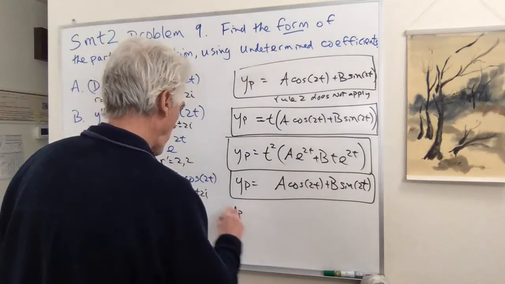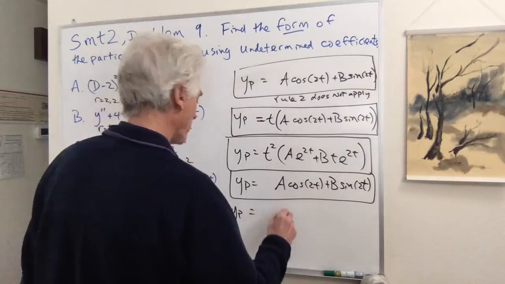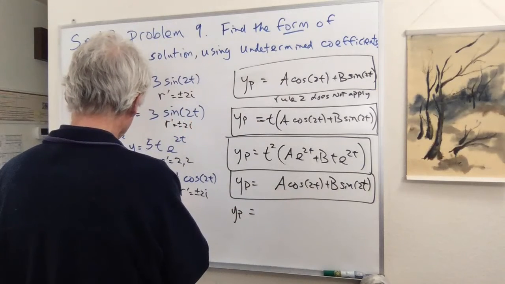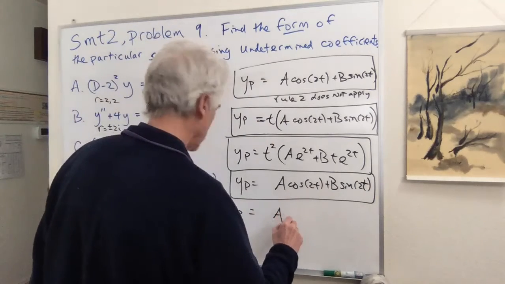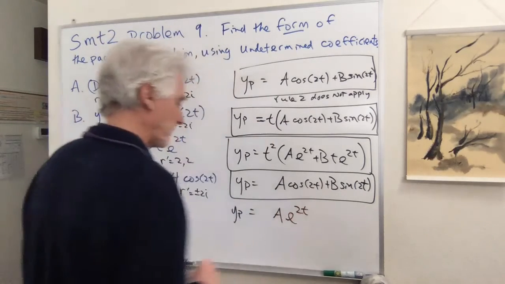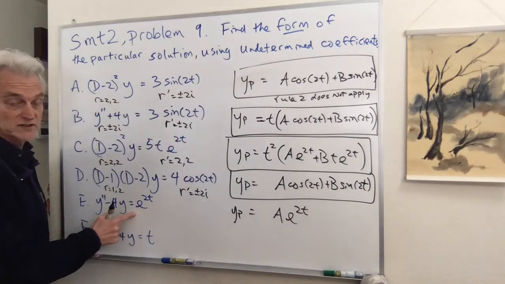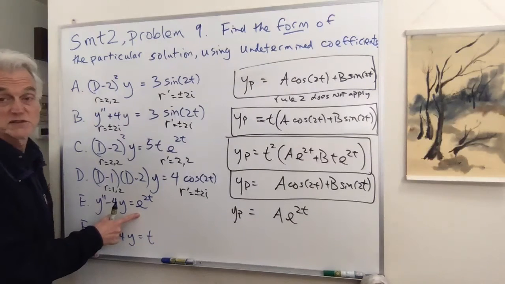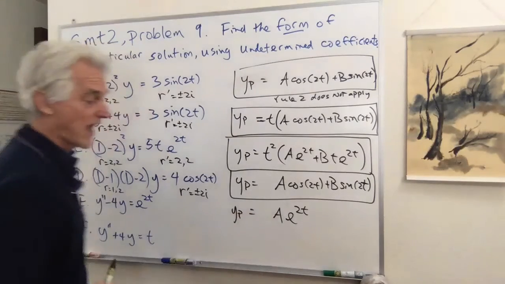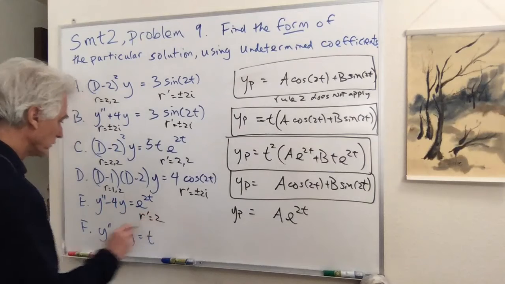Okay. What do we have here? Okay. Yp is going to be A e to the 2t. That's rule 1, because if the right-hand side is e to the 2t, then the most general solution to a linear homogeneous ODE is that one. Now, that's what's right there. That's r prime is 2. What about the left?